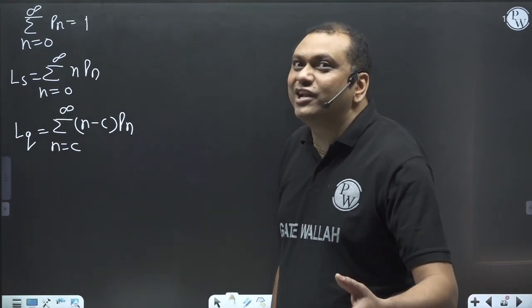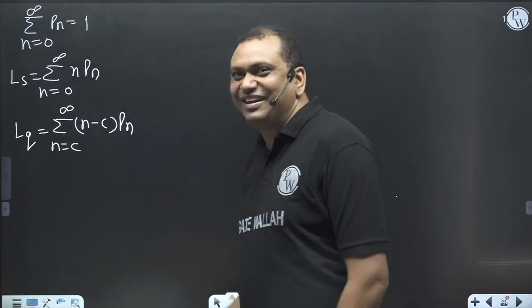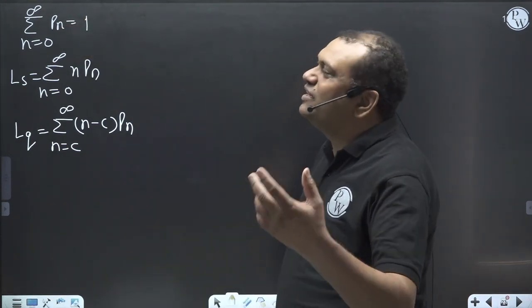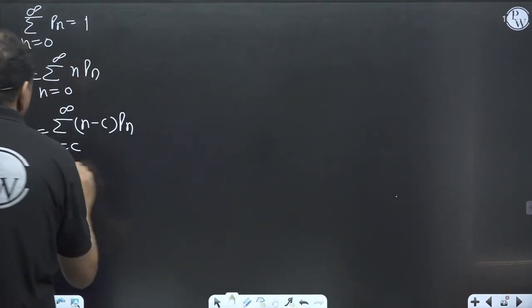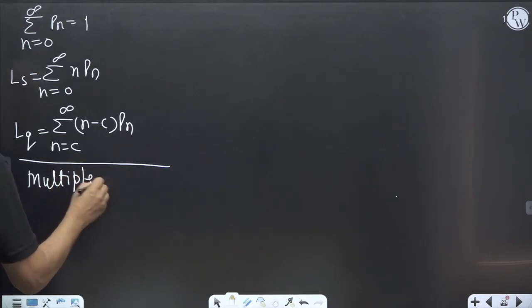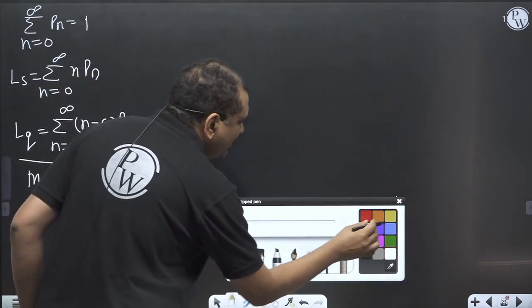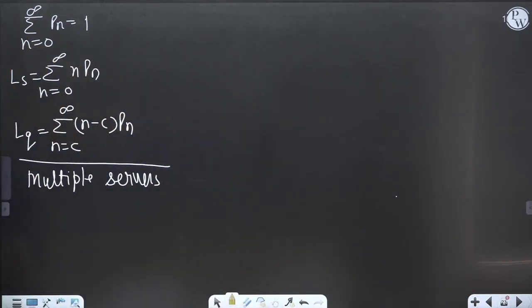Multiple server finite problems are also possible. Here it will be N in place of infinity. But for multiple servers, there is a change in the formula for P naught.